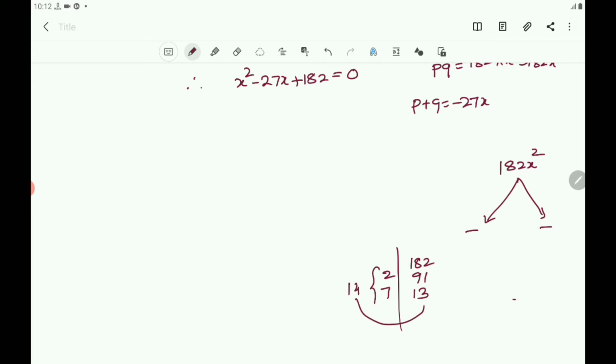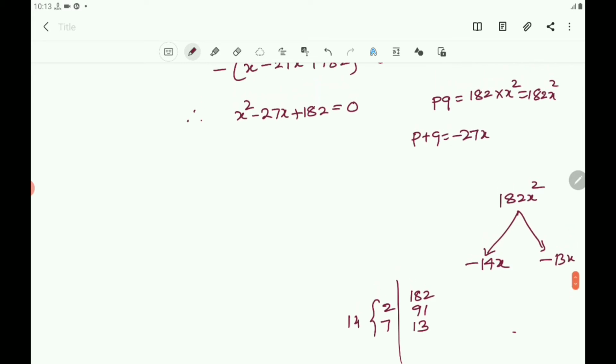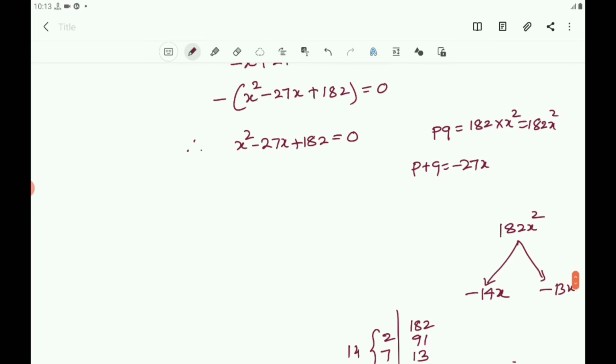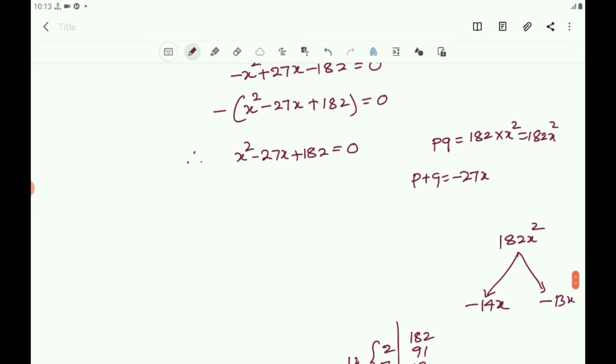You know that the sum of these two, 14 and 13, is 27. Therefore, you write minus 14x minus 13x. As they have the same sign, the sum of the numbers must equal the middle term, that is minus 14x minus 13x adds up to minus 27x.